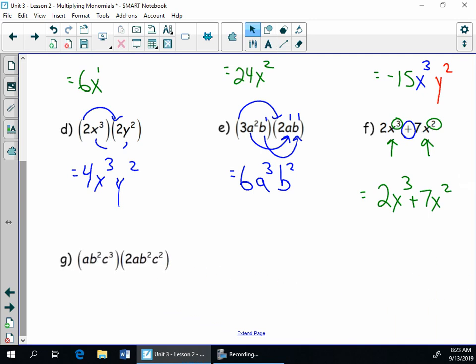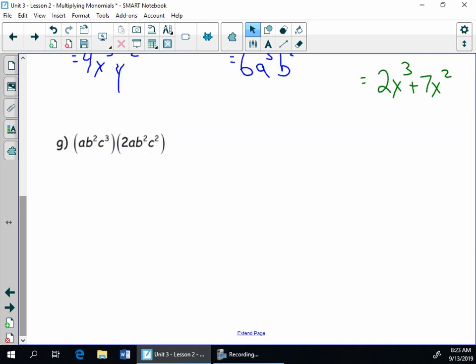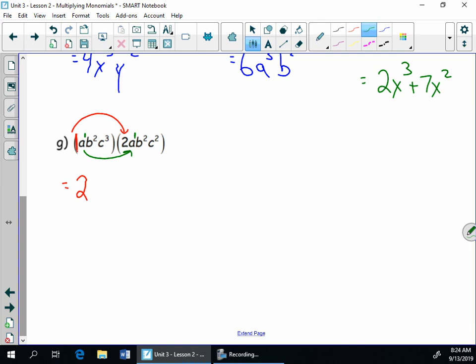And the last one. Stick it together. Oh, numbers, numbers, numbers. Oh, I gotta put a number up front to remind me there's a 1 here. 1 times 2 makes 2. A's. Oh, I got one A and another A, and A times A makes 2 A's. B's and B's.